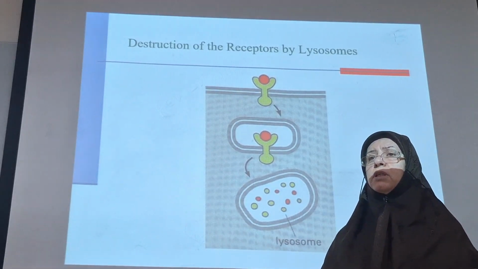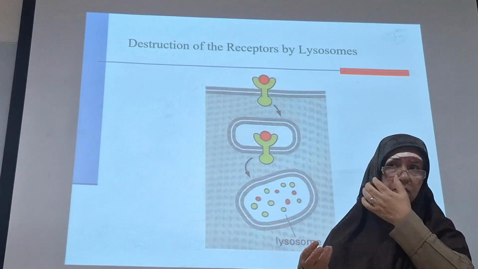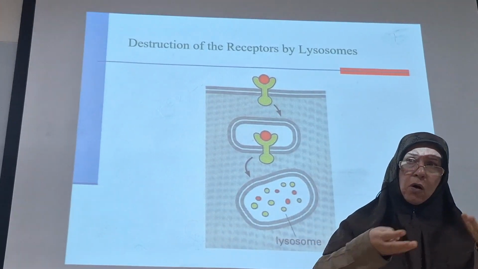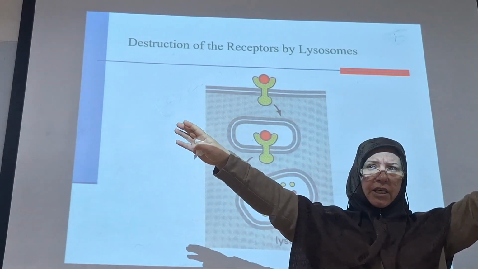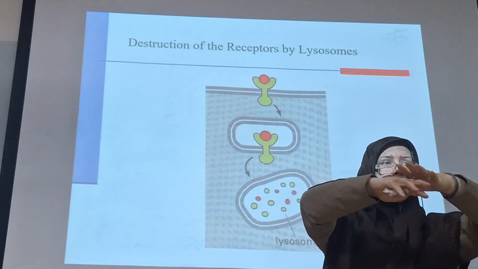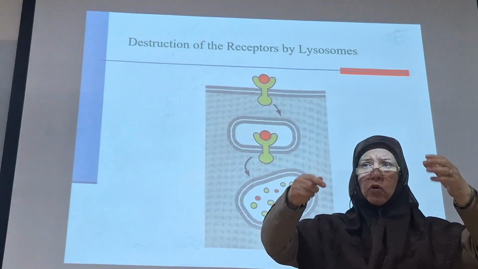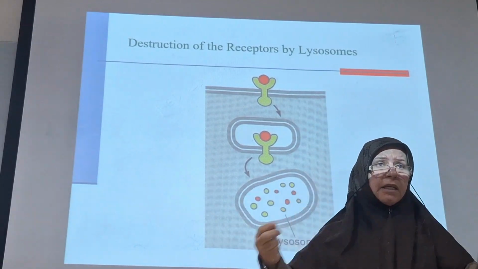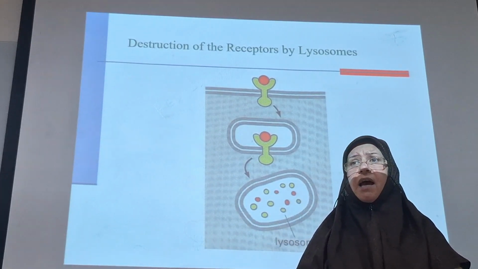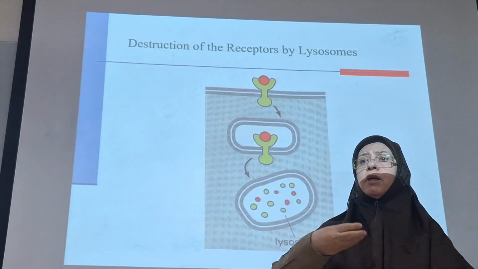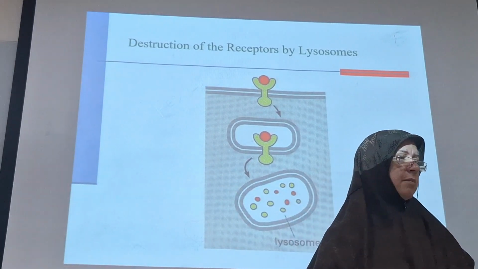So the receptor is destroyed, and after that the receptor has to be produced and go to the cell membrane. So when the hormone level increases, more receptors bind to hormones, internalize and are destroyed, and we need time for new production of receptors to reach the cell membrane.